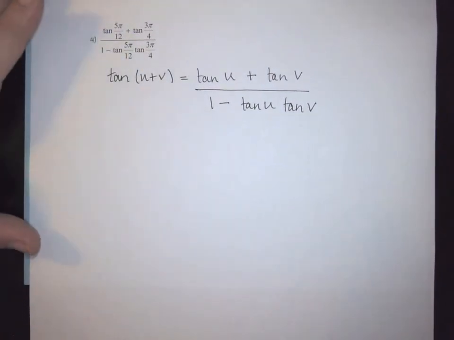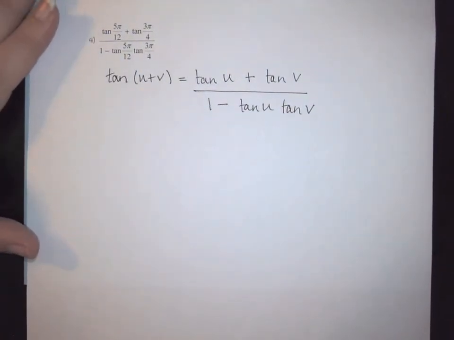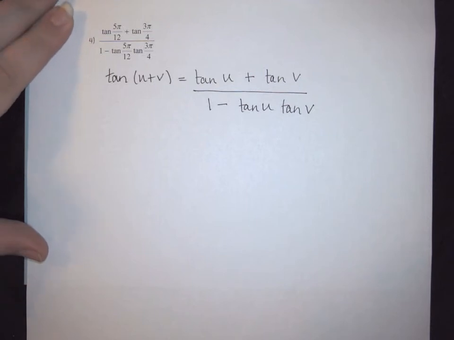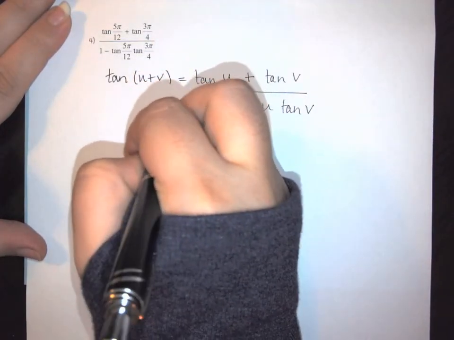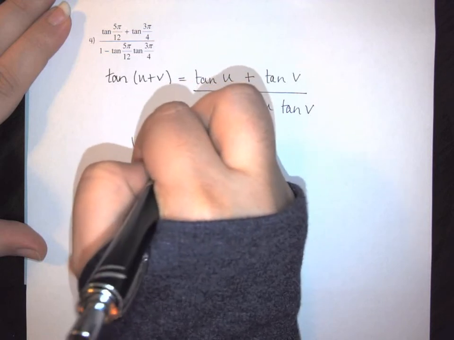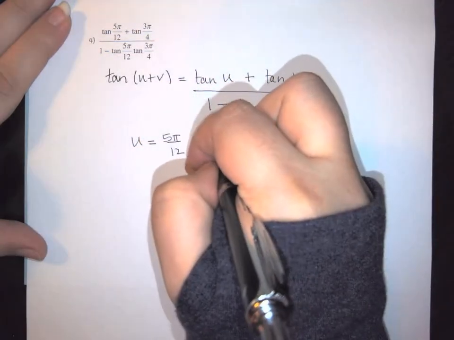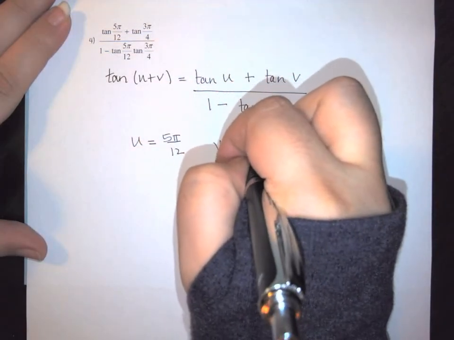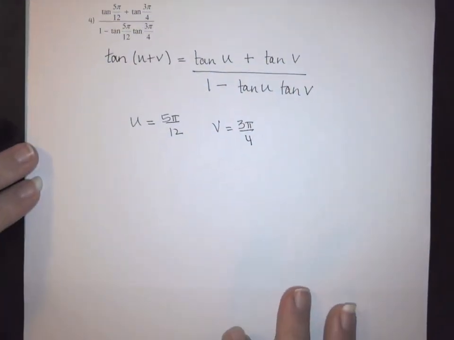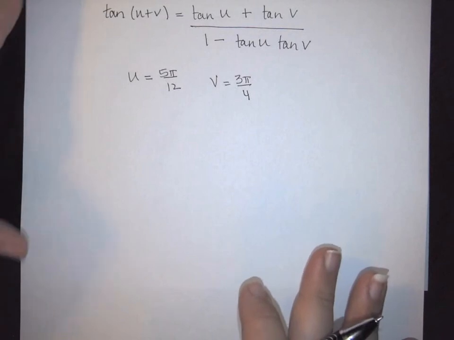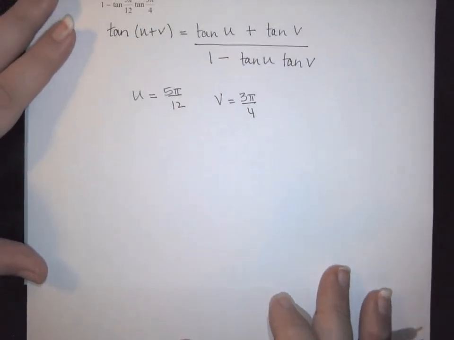So this tells us again right away that we are dealing with u being 5 pi over 12 and v being 3 pi over 4. Now just like before, the first thing we need to do is put it together.